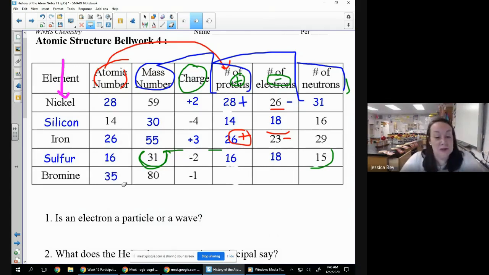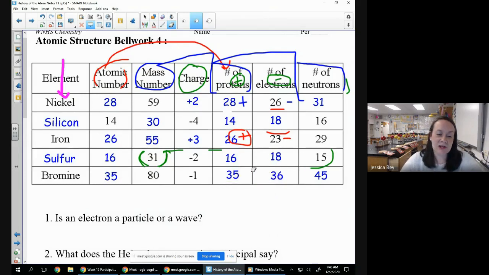Bromine, I look up as 35. If the mass is 80, I do 80 minus 35, which gives me 45 neutrons. And then if I want a -1 charge, that means I need 1 more negative electron. So if I have 35 pluses, that means I have to have 36 minuses.